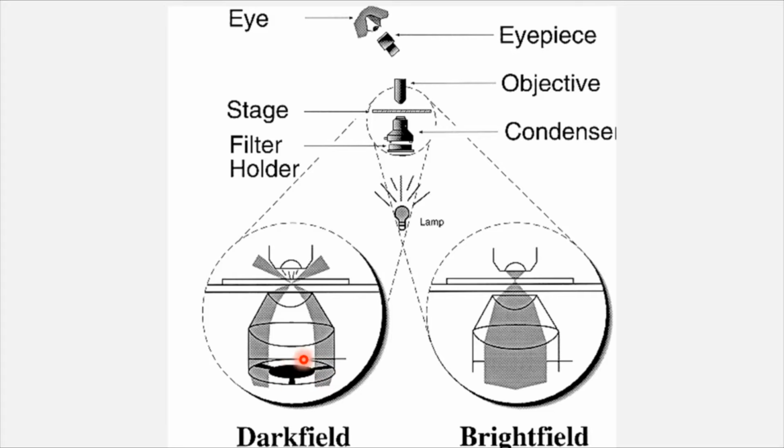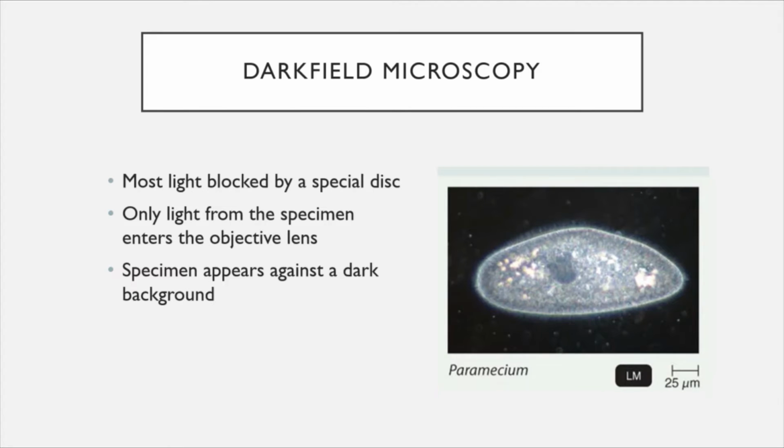In a dark field microscopy setup, we have this special disc which blocks a majority of the light. The light that remains gets condensed just onto the specimen, and light from the surrounding area of the slide does not enter the objective lens. So as you can see, what we get is a bright specimen up against a dark background.